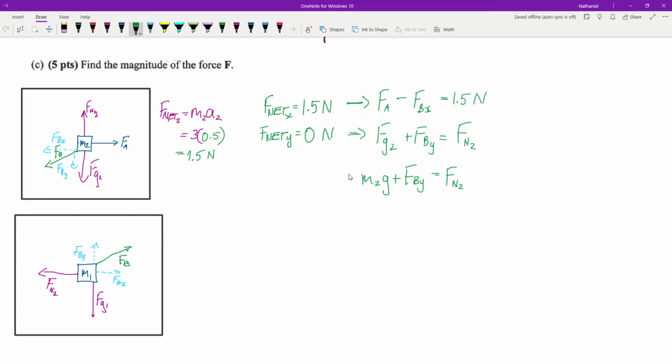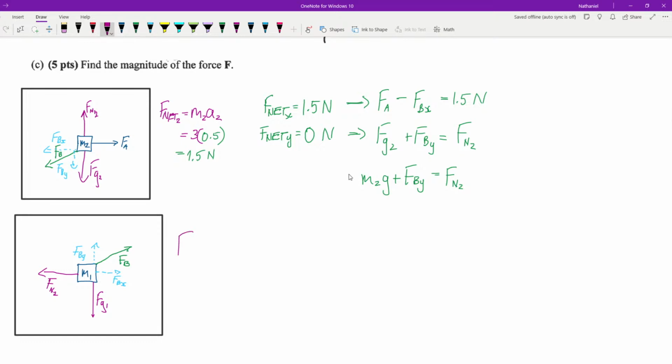Okay. So I think what we'll need to do here is use our Fbx, Fby from our M1 and relate those to say something about Fbx and Fby in M2. So let's get there.